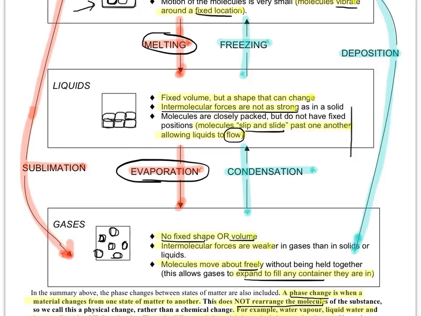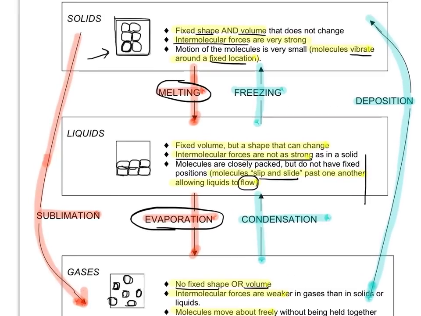And one that we might be less familiar with is if we want to go, sometimes we can go directly from a solid to a gas. Dry ice is an example of this. If you've ever been to a Halloween party where they have a witch's potion and it looks like steam coming off of it, what they did is they put a chunk of solid CO2, carbon dioxide, into the brew.